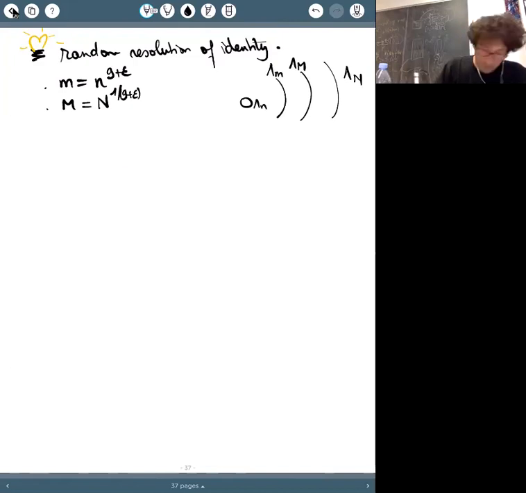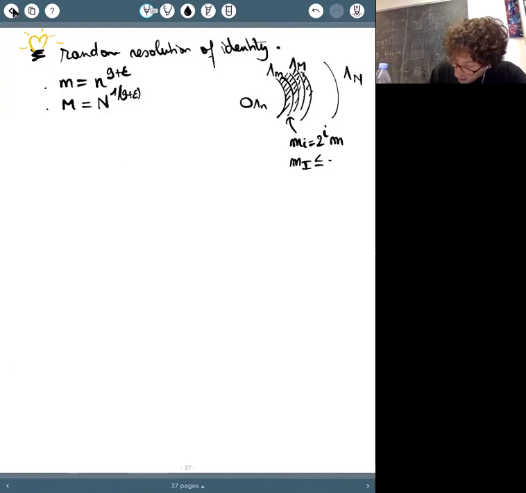And now, let's look at the annuli here of size m_i, which is 2 to the i times m, okay? You look at the annuli up to capital I, which is smaller than m and strictly larger, which is between m and m over 2.